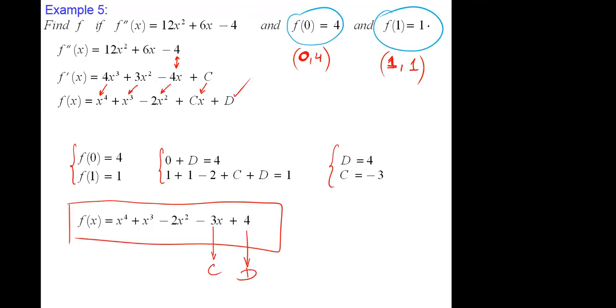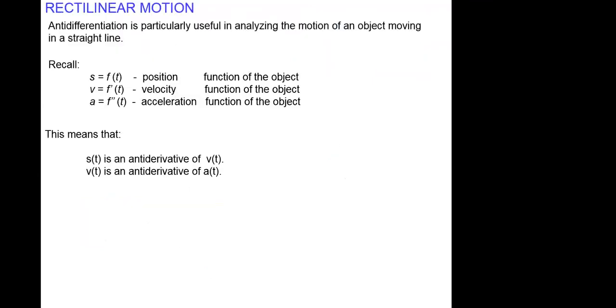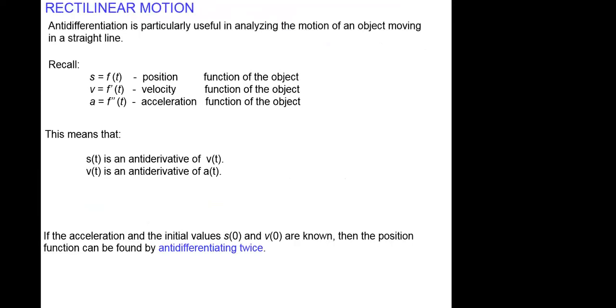Another thing that I would like to show you is this. We remember when we have a position function, in order to find the velocity, we will differentiate. Having the velocity and differentiating again, we will get the acceleration. That means now we have to look backwards.